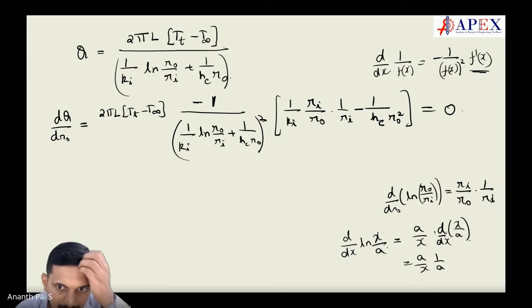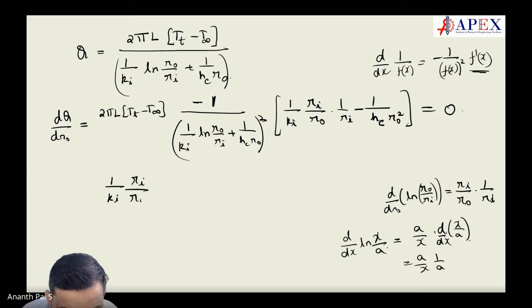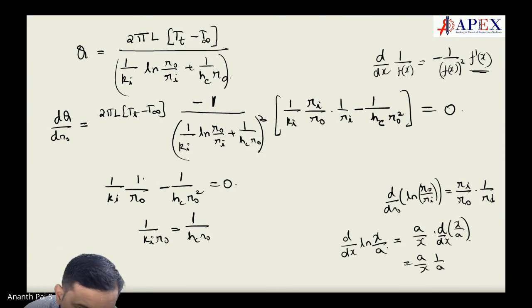What is remaining is 1 by ki into ri by r naught, which is 1 by r naught, minus 1 by hc into r naught square equal to 0. Or 1 by ki r naught is equal to 1 by hc r naught square. Or at the end what we will get is r naught is equal to ki by h.